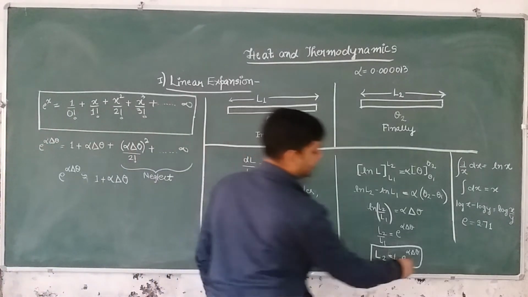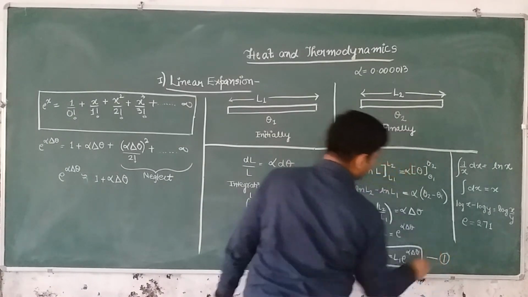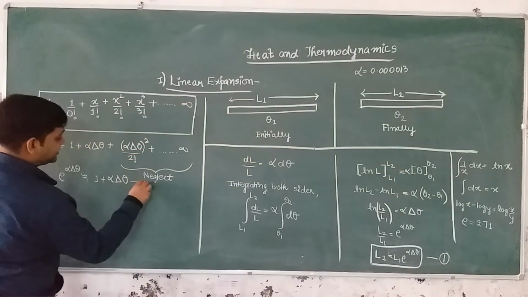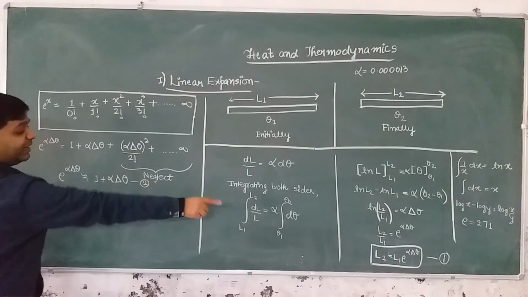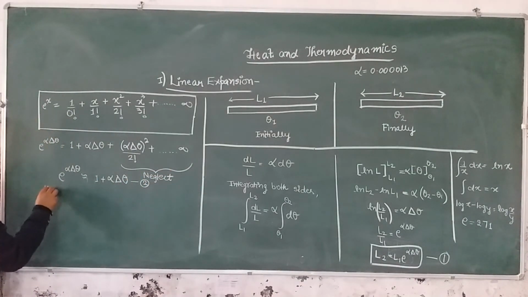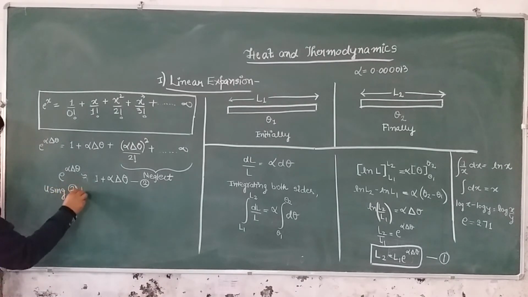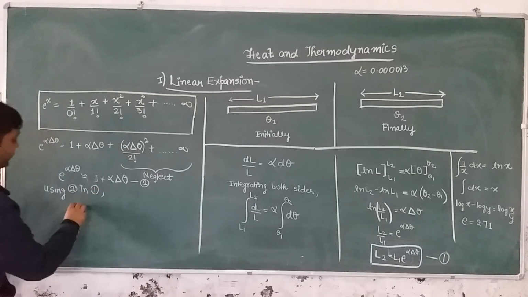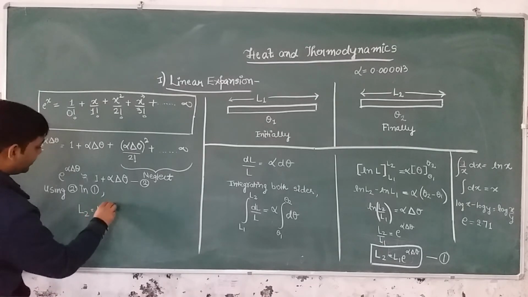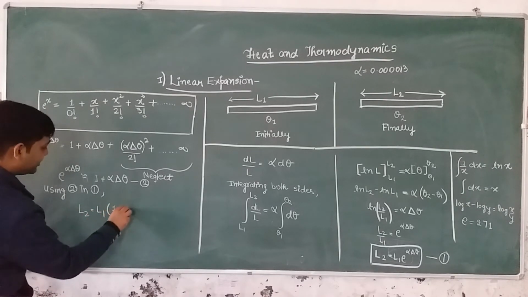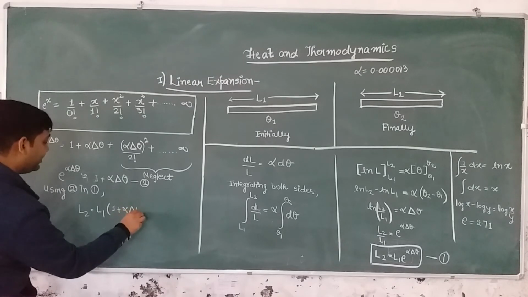Right? Let's say this is equation 1 and this is equation 2. If we use equation 2 in equation 1, what do we get? We get L2 is equal to L1 into 1 plus alpha delta theta.